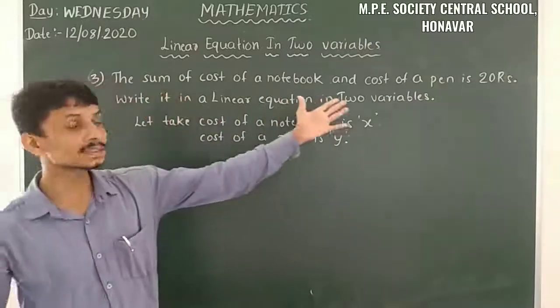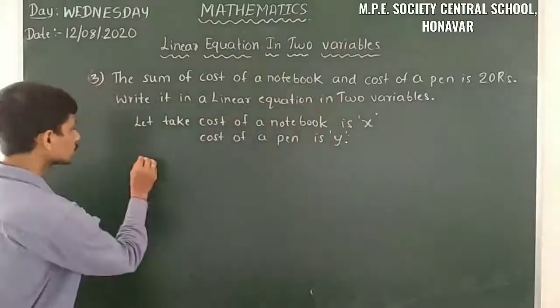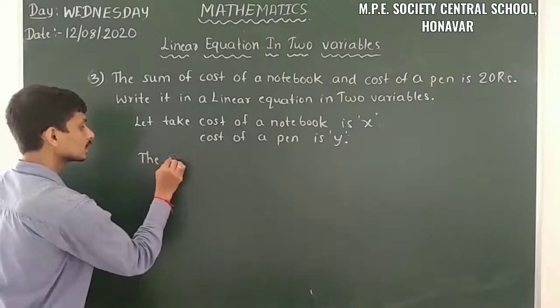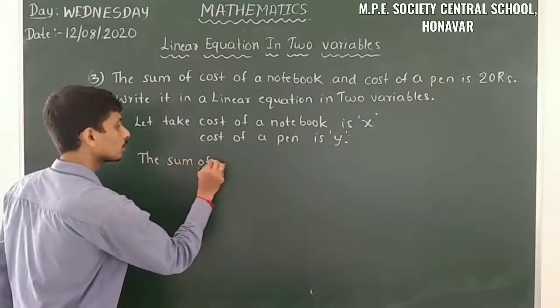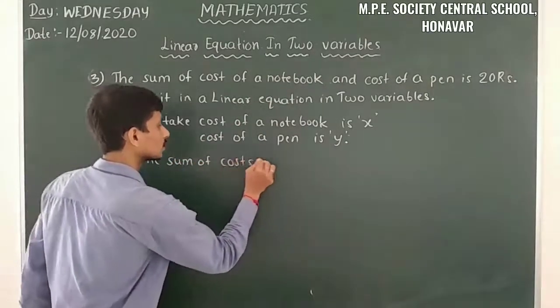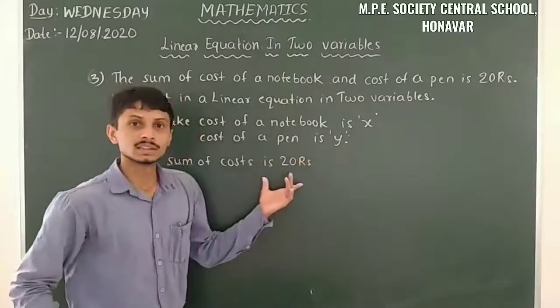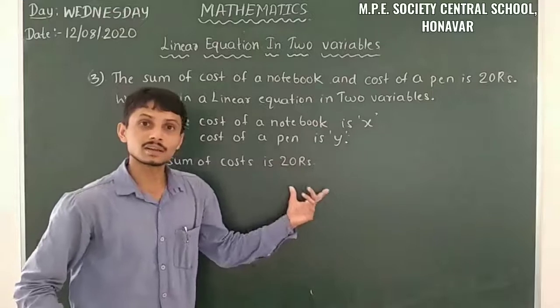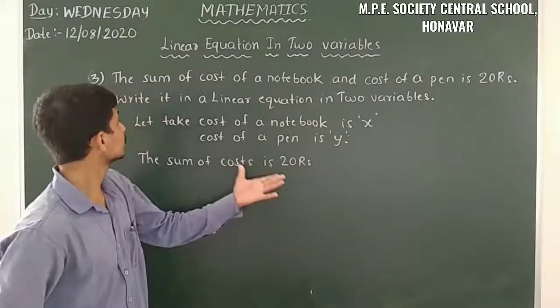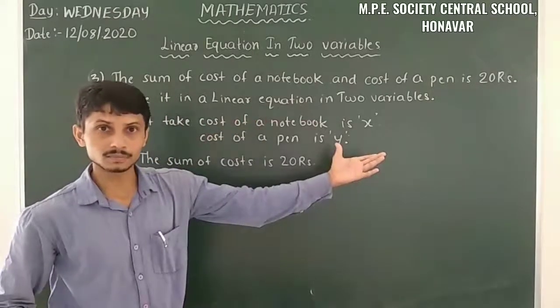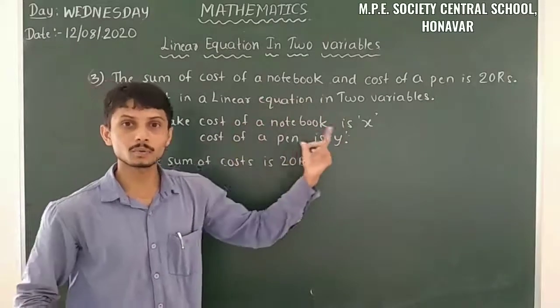Then the sum is 20 rupees. The sum of the cost is 20 rupees. That means he or she spent 20 rupees here for the one notebook and one pen.